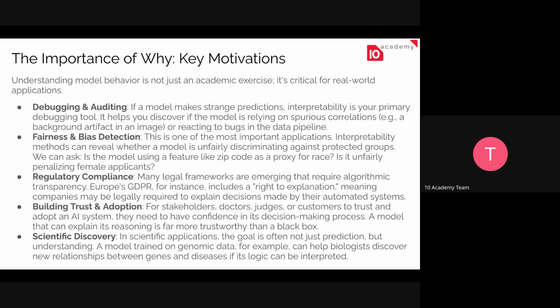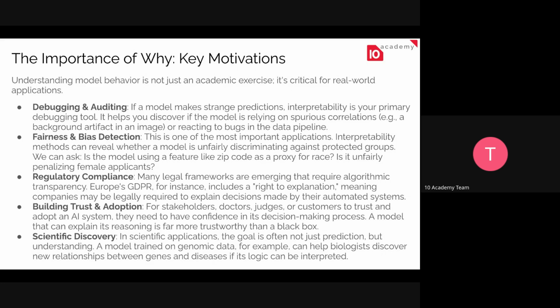If a model makes strange predictions, using interpretability as your primary debugging tool will help you discover if the model is relying on a correlation, for example a background artifact in an image, or reacting to a bug in the data pipeline, or if there is an issue with the data input itself. So the first one is debugging and auditing, to help you debug why some strange prediction is happening.